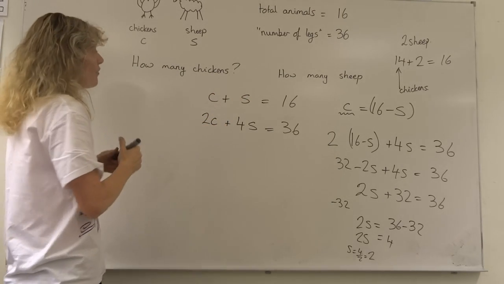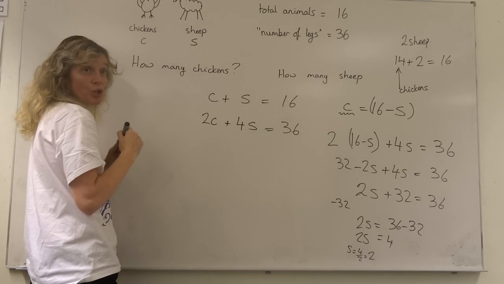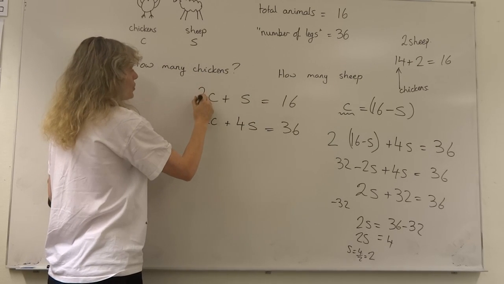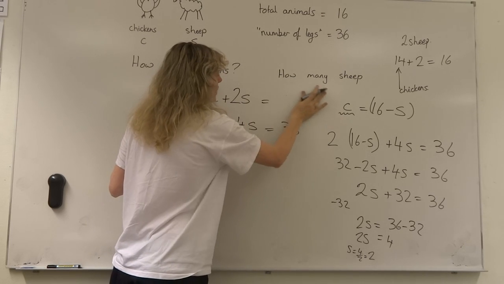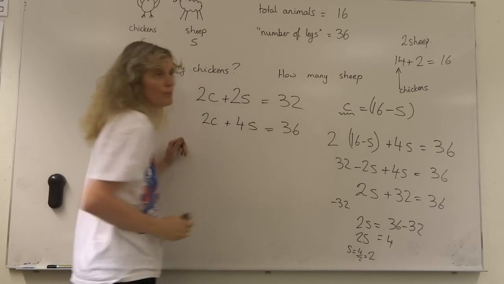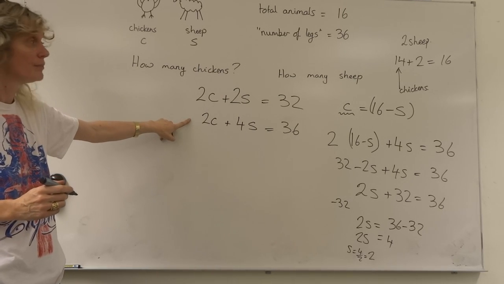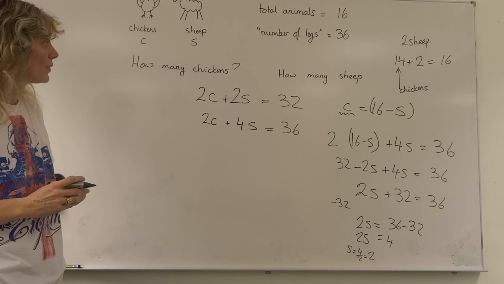But I can if I multiply the whole of this equation by the number 2. Imagine me taking all these numbers and doubling them. Here I'd get 2c, here I'd get 2s, and here I'd get 2 times 16, which would give me 32. Now I have a 2c there and a 2c there, which is really rather nice.